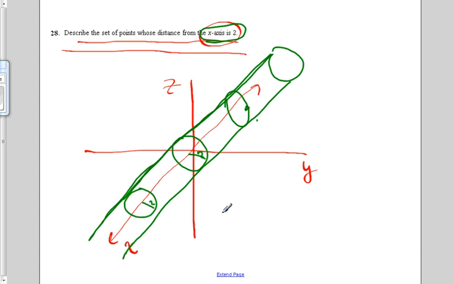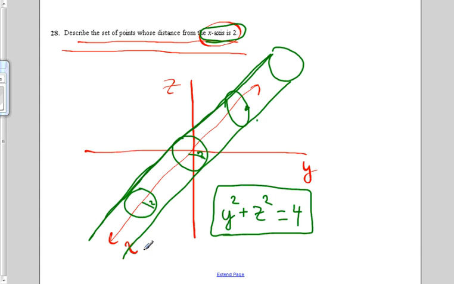Our equation is that y squared plus z squared must equal 4. We're developing a circle, but more than just a circle, a cylinder around the x-axis. So x can be anything, but what's critical is that y squared plus z squared must equal 4. And if that's true, then the point will be 2 away from the x-axis.